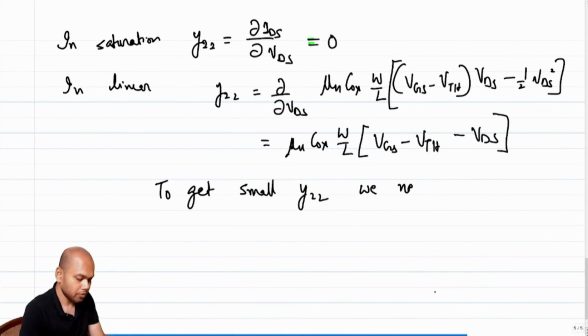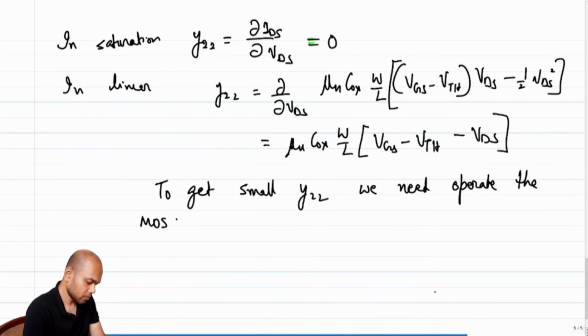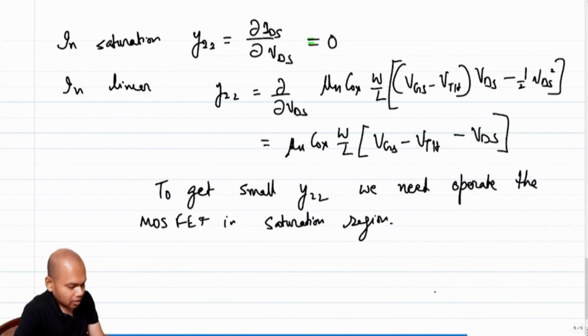We need to bias, we need to operate the MOSFET in saturation region, right? So to get large y21, we need to operate the MOSFET in saturation region.